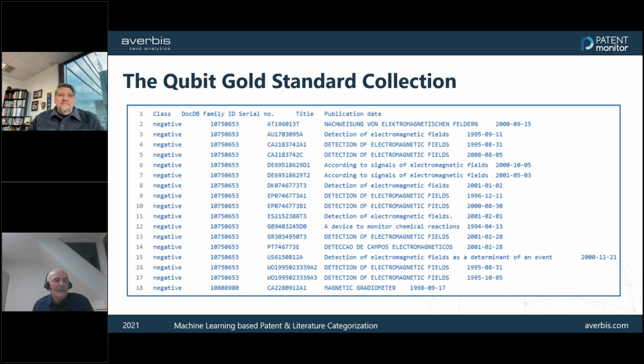It's basically a list with the corresponding class, negative and positive examples, then the family number, a patent ID, the title of the patent, and the publication date. So this is the input that we have for our scenario.